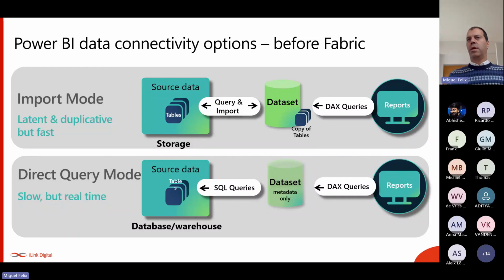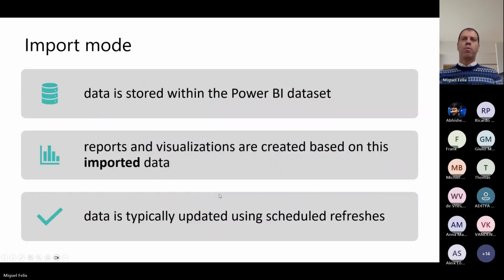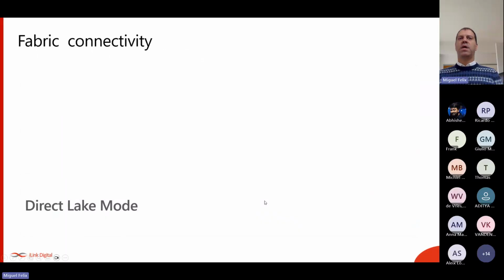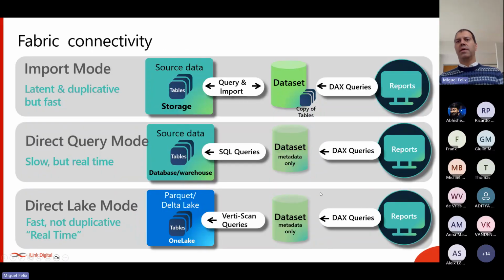And again, over here we have some VertiScan also done, but at the data set level, because the tables that we use in Power BI data sets are the tabular models, so each column has its own values, and we only look at those specific columns. When we go to Direct Lake, instead of doing that at the data set level, we do it at the Delta Parquet files.